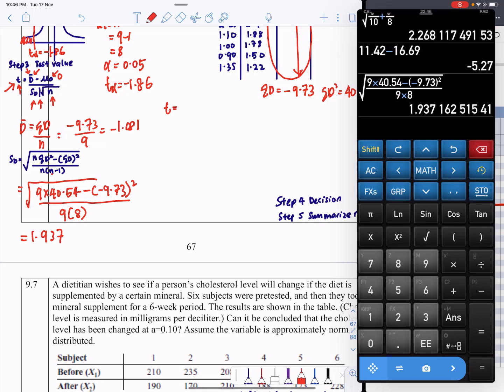Then we have the formula here. And then we have negative 1.081 minus 0 here, and then dividing by 1.937 over square root of n, 9.